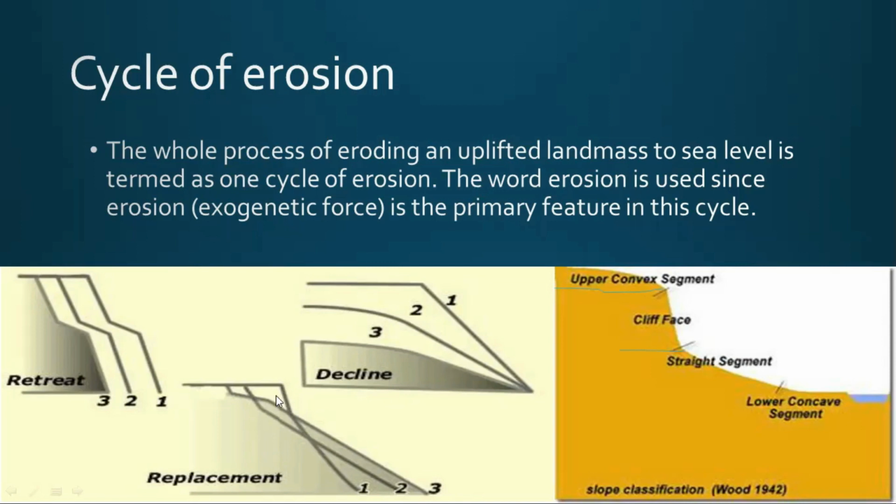So it is not required to complete the cycle. While King had said that the slope will retreat parallelly, see this is reducing parallelly. Over here also, the length between this and the length between this.